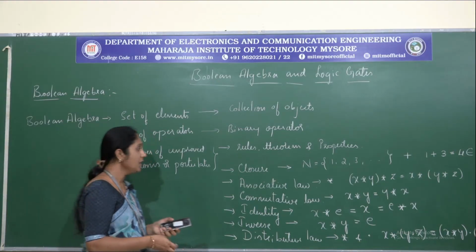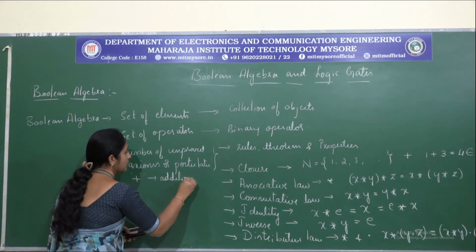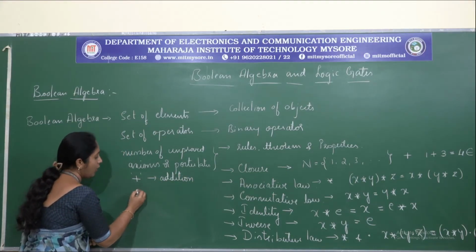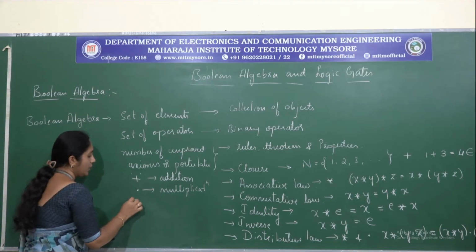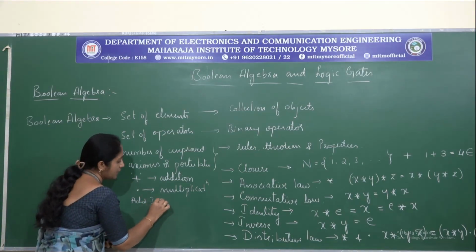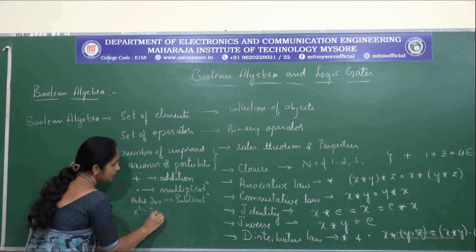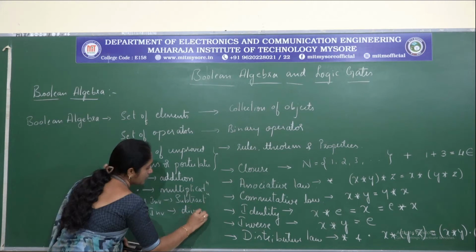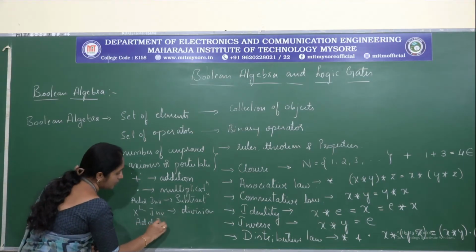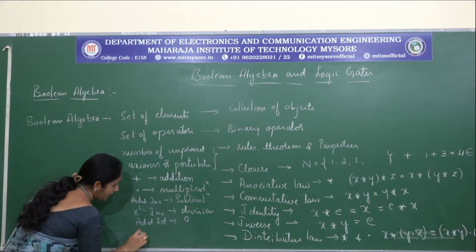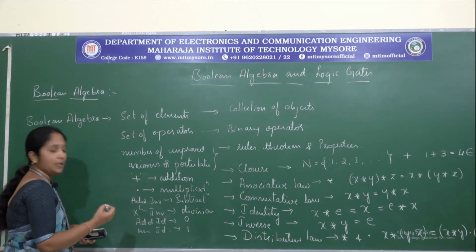The operators and postulates have the following meaning. Plus indicates addition, dot indicates multiplication, additive inverse is subtraction, multiplicative inverse is division, additive identity element is 0, multiplicative identity element is 1, and the only distributive law possible is dot over plus.